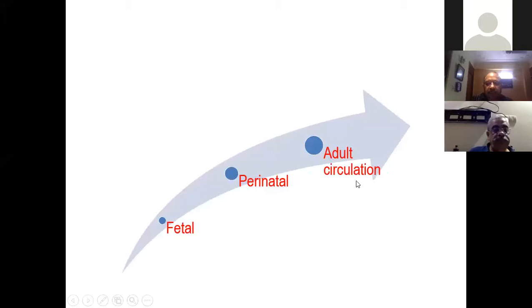When we see a person in adulthood, he has passed from fetal to perinatal, neonatal, and finally to adolescent and adult age. What we see in an adult is established circulation, where we presume that the left ventricle is the left ventricle and the right ventricle is the right ventricle, but this is not true in neonatal or perinatal times.